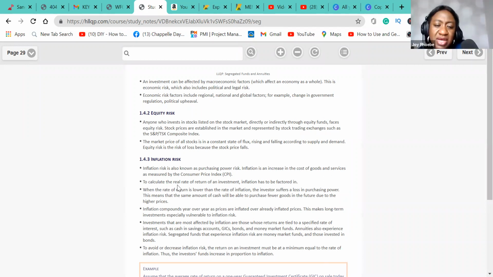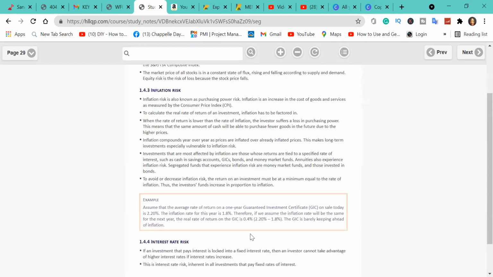So to calculate the real rate of return on an investment, inflation has to be factored in. And how do you factor in inflation?